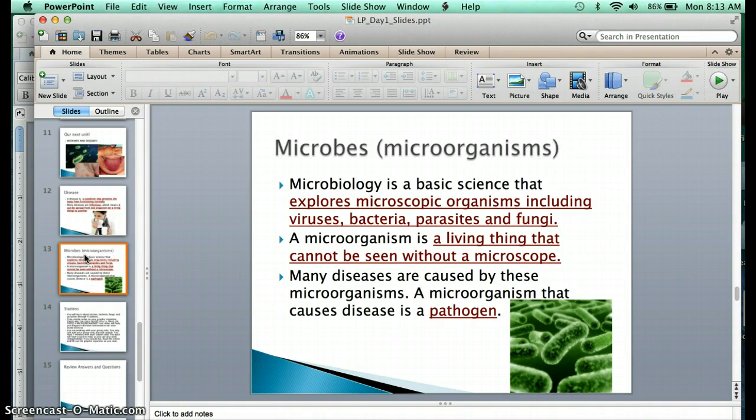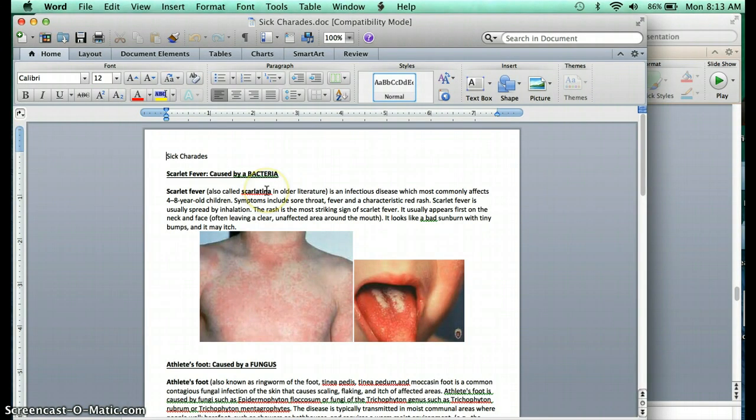They're not all ones that are going to give us some sort of disease. But a microorganism that causes disease is called a pathogen. That has its own term. Not all of them are deadly, but the ones that do cause disease and could cause death are called pathogens.